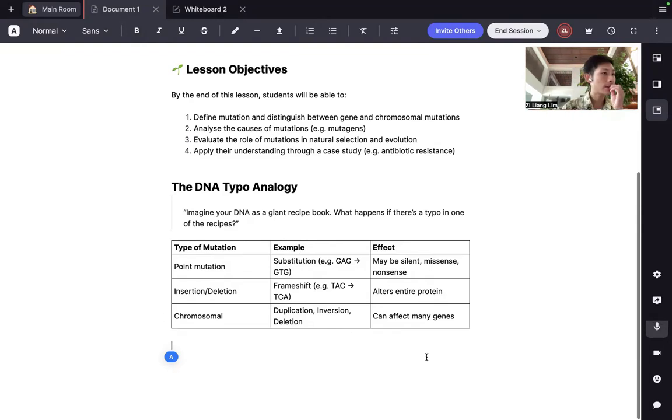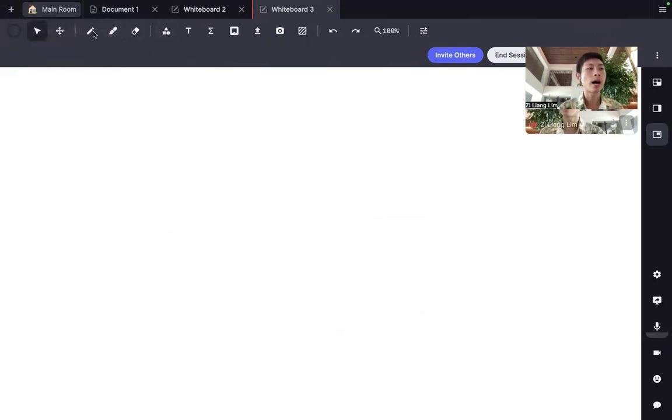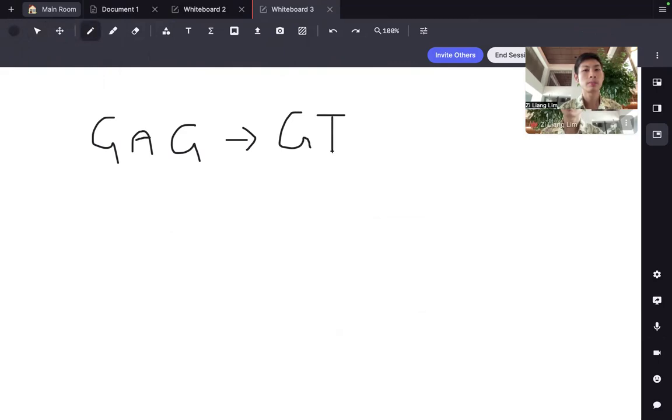All right, so let me see if we can do mutated DNA sequences and have you transcribe, translate, and identify what happened here. Let's use a different whiteboard. If I were to give you GAG to GTG, this is a point mutation, okay?